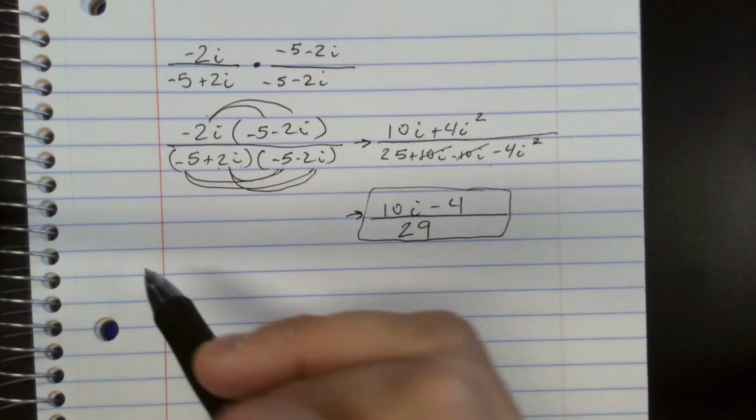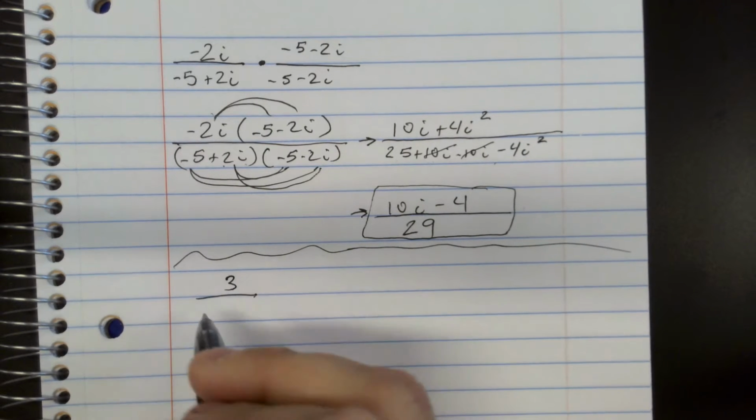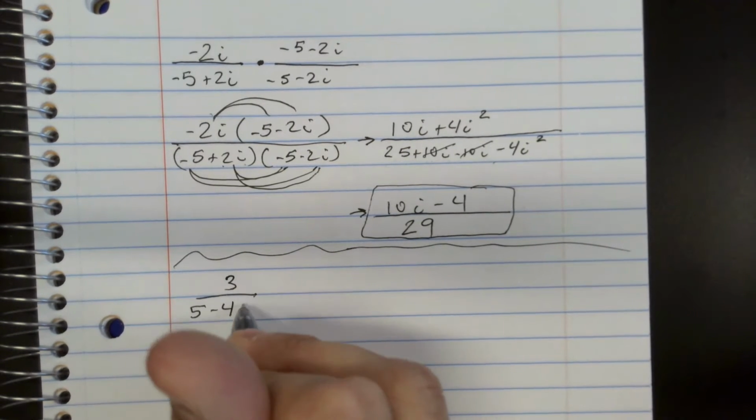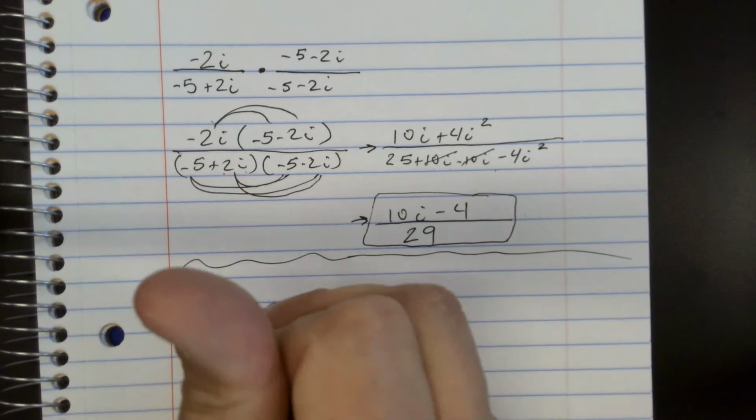Here, well, let's do this one. So if we have 3 over 5 minus 4i. Okay, so we're going to times the top and the bottom by the conjugate. The conjugate is whatever the bottom is with the middle sign changed.